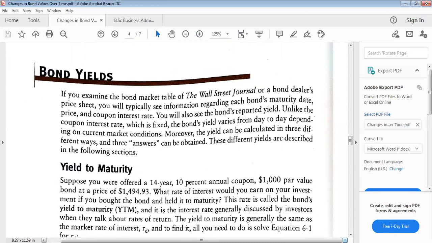Unlike the coupon interest rate, which is fixed, the bond's yield varies from day to day depending on current market conditions. Moreover, the yield can be calculated in 3 different ways, and 3 answers can be obtained.